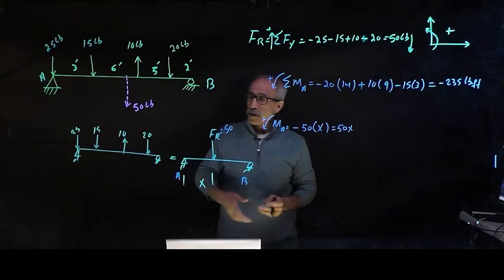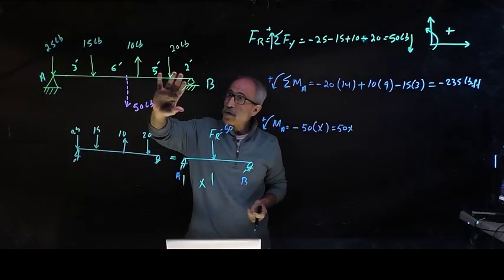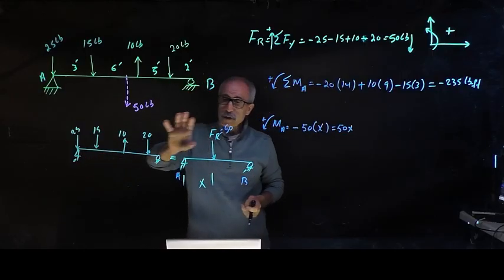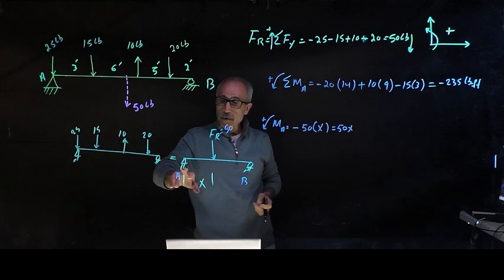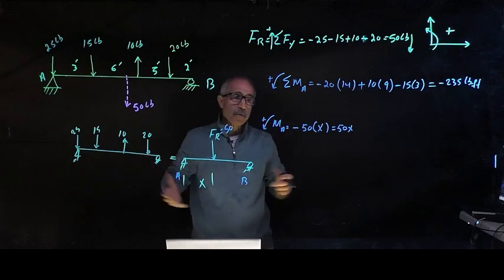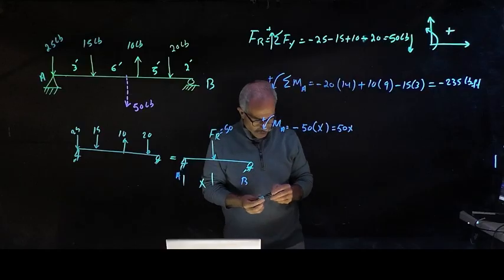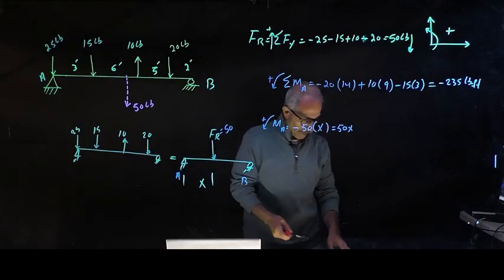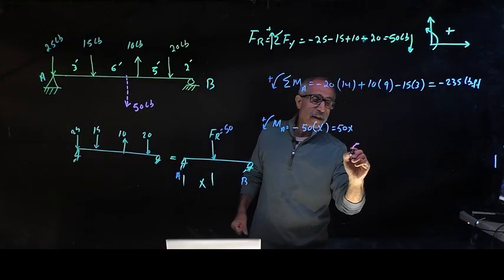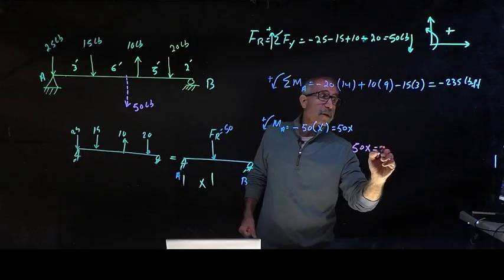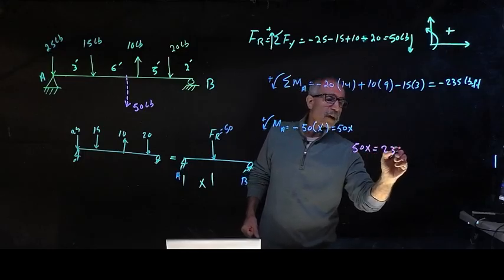However, whether you take the moment of the individual forces about this point, or you take the moment of the resultant about this point, they should both come out equal. So basically I can say, okay, let me change color so you won't complain. 50 times x should be equal to 235.